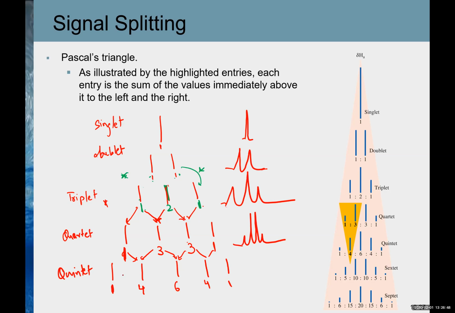So it means when the peak splits into 5 multiplicity or quintet, the intensity will be 1:4:6:4:1. Okay, so mine may not be as accurate, but that's what it's going to look like. And so on. You can continue to as many multiplicity levels as you want. So any question about signal splitting?